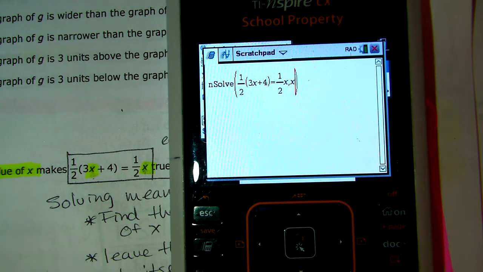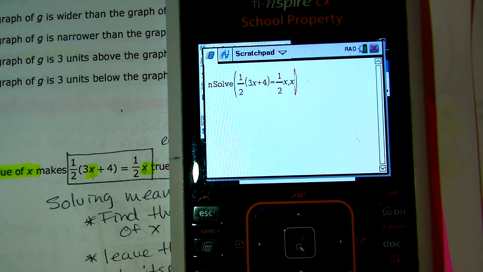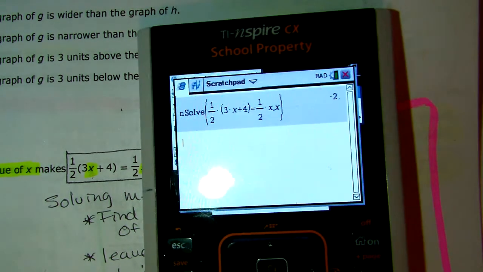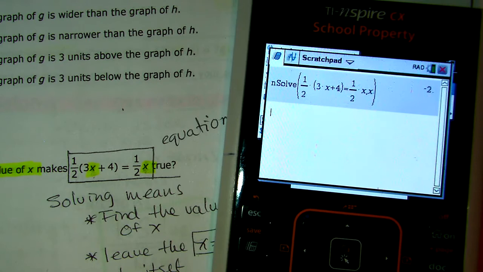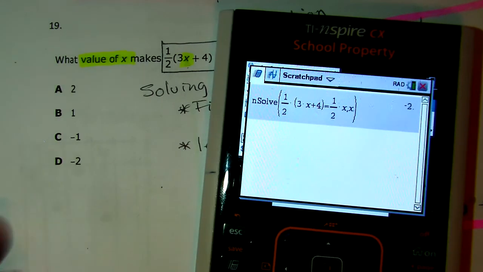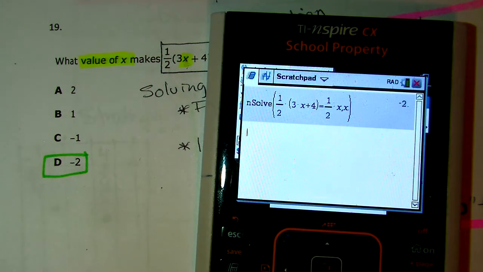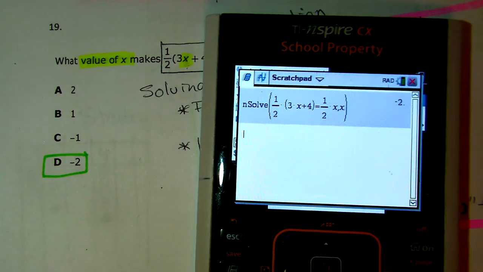You're telling the calculator, this is my equation, and I need you to solve for x. We press enter, and that's the answer, negative 2. So our answer here is negative 2.